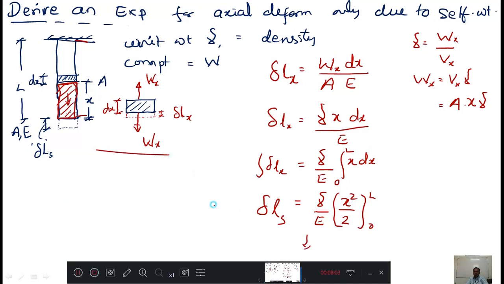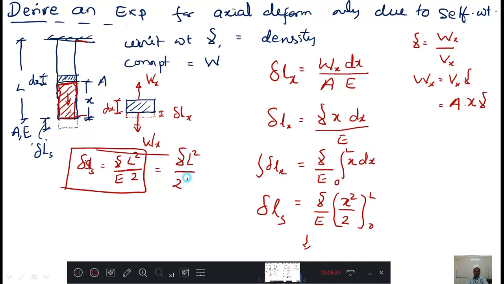Below this you write, delta Ls equal to gamma by E into L square by 2. This is an expression for elongation due to self weight. You can write it like gamma L square by 2E.